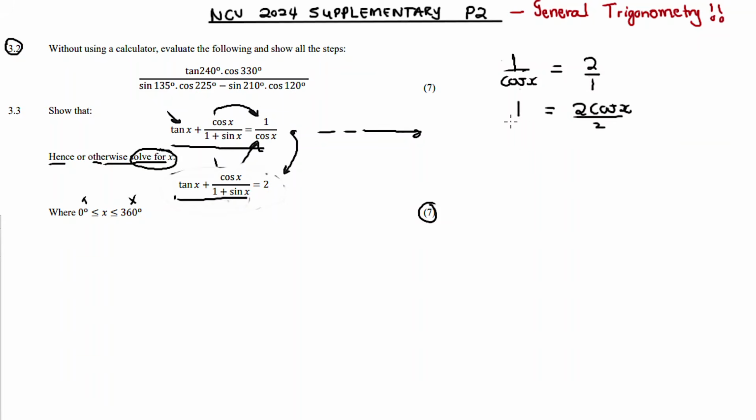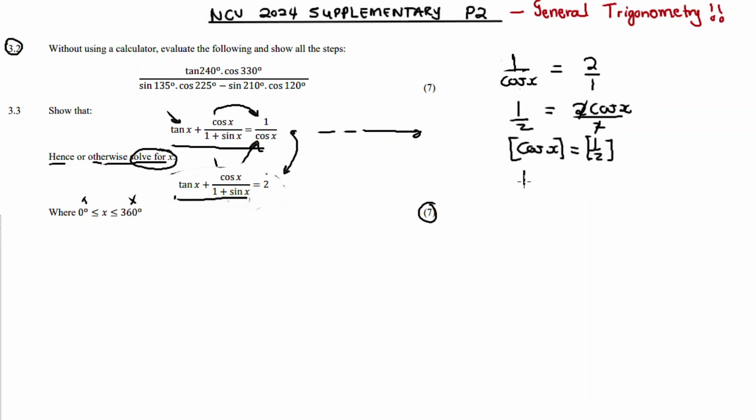Divide both sides by 2, you now have cos x equal to 1 over 2. So when solving trigonometric equations, the idea is to isolate the trigonometric ratio on one side of the equation and a value on the other side of the equation.